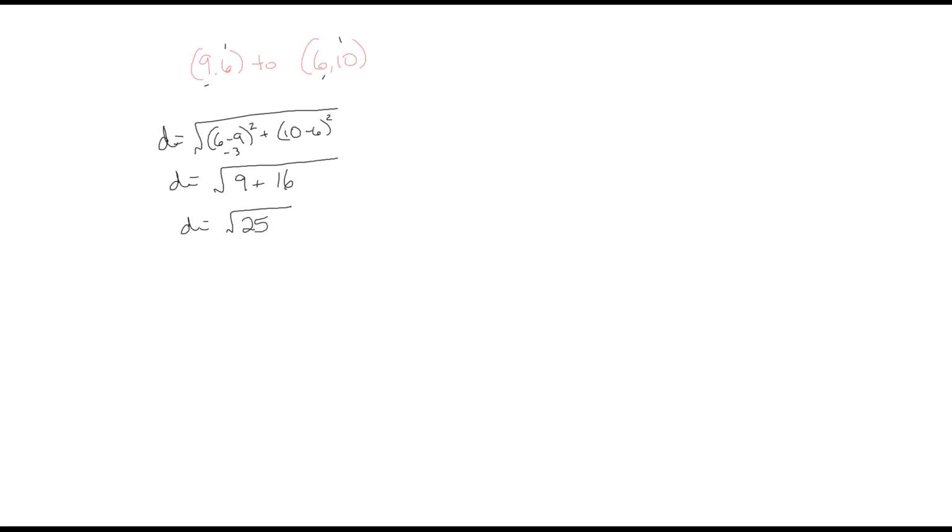Oh, this is nice. Distance can't be negative. Basically, that's why you're square rooting this and squaring those, because you cannot have a negative distance.